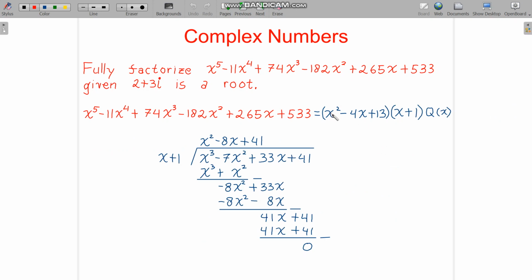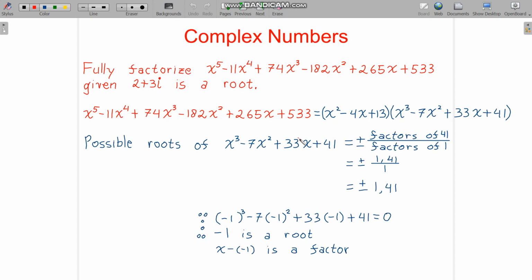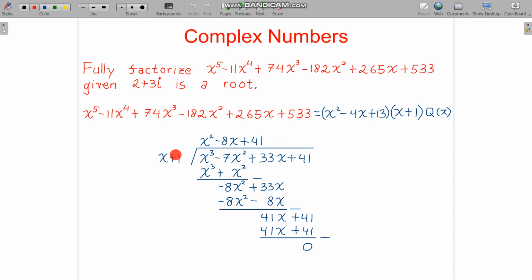And now we know we have the quadratic and the x plus 1, and if you want to find the other factors, you can do long division one more time. So this cubic divided by the new factor x plus 1, you will get the quadratic quotient here.